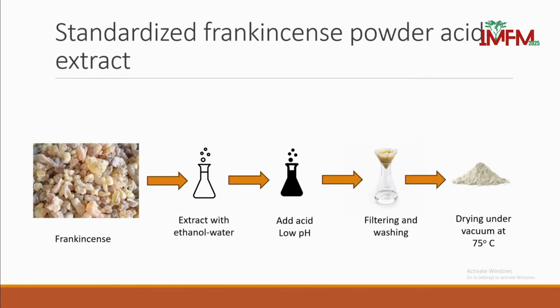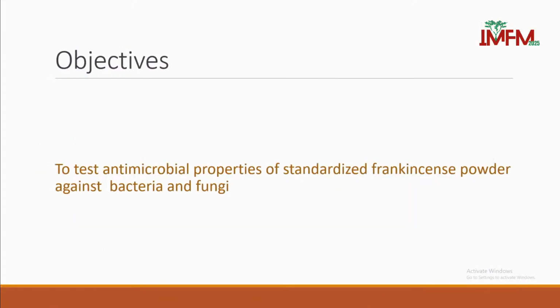How was this standardized frankincense powder obtained? Again, Professor Rashan provided us with this. Again, he can maybe comment if I'm wrong in this. So basically we have acid-based extraction with ethanol water, and then filtering, washing, and then a drying step under vacuum at 75 degrees.